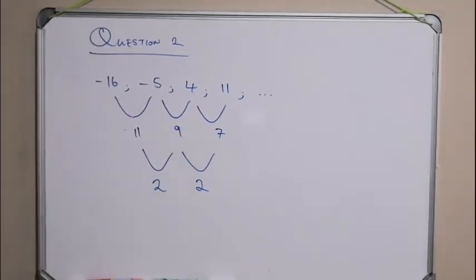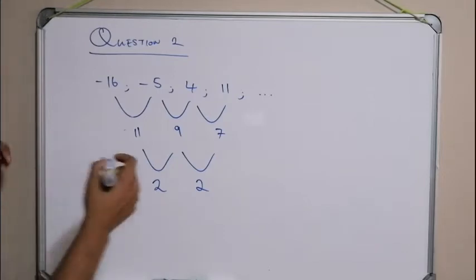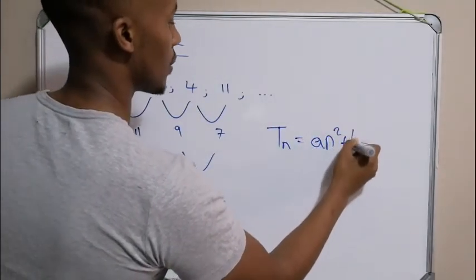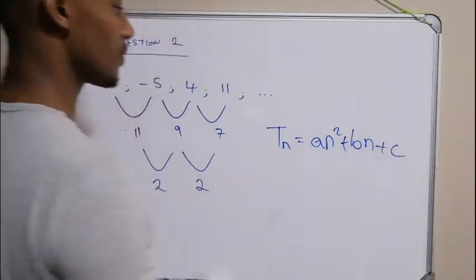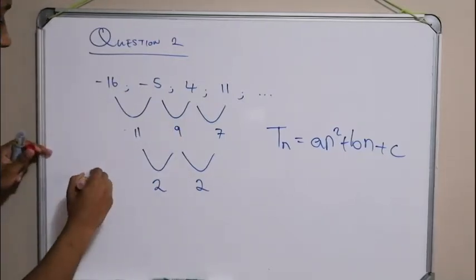Okay, so we are going to be using these formulas that we've established previously to solve the general formula, because just keep in mind your general formula looks like this, as it is a quadratic pattern. Okay, so that's a general formula, and to work out a, b, and c, we'll be using these formulas over here.